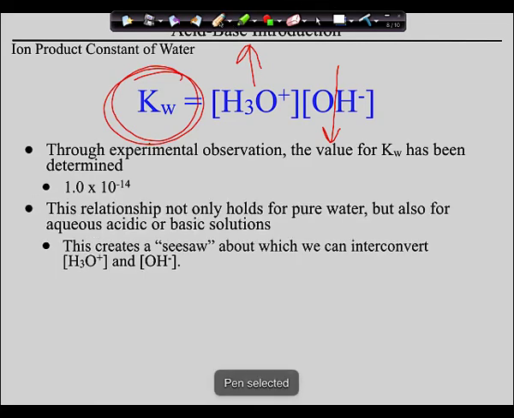If this goes up, this has got to go down proportionally to keep this from changing. And so guys, what that means is that if we know the concentration of hydronium ion, we can figure out the concentration of hydroxide ion, because this is always 1 times 10 to the negative 14th.